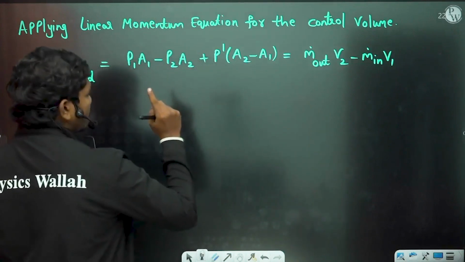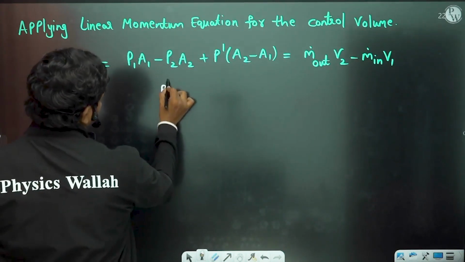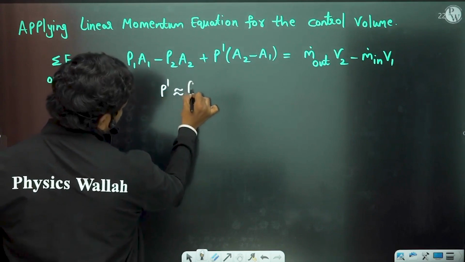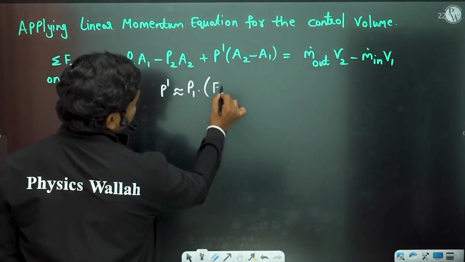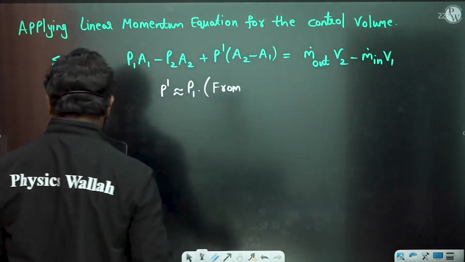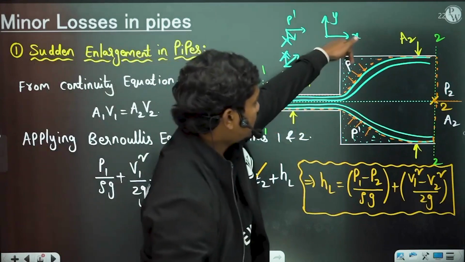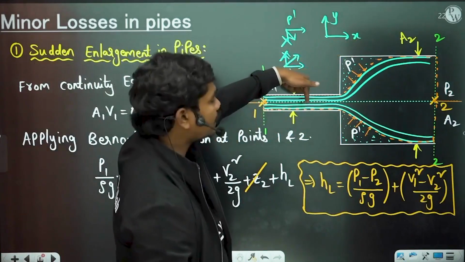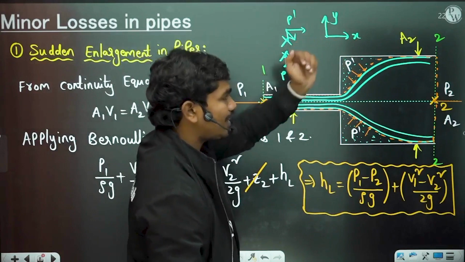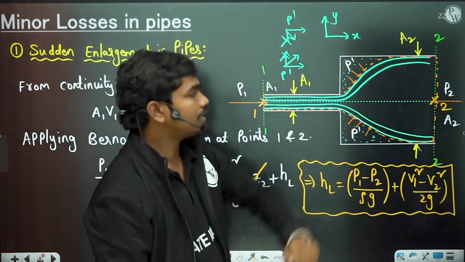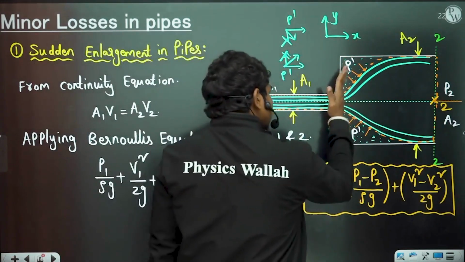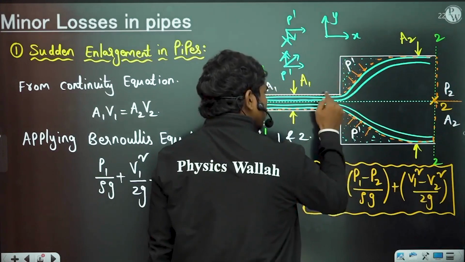I just want to tell you one assumption, that the P dash value is almost equal to P1. This is taken from experiments, by fitting pressure gauges. They fitted one pressure gauge here and also a pressure gauge here. They observed that this P dash and P1 values are very close to each other, and logically the reason is that this enlargement is just beyond this uniform pipe.